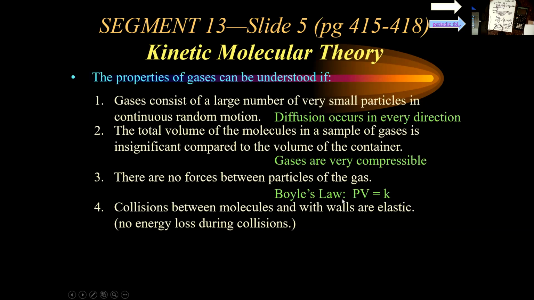Now, here's one that's maybe not so easy to judge, but you can do the experiment that shows that this has to be true. We believe that the collisions between molecules and with the walls are elastic. That means they bounce off with just as much energy after the collision as they had before. Well, let's take the converse. Suppose that weren't true.